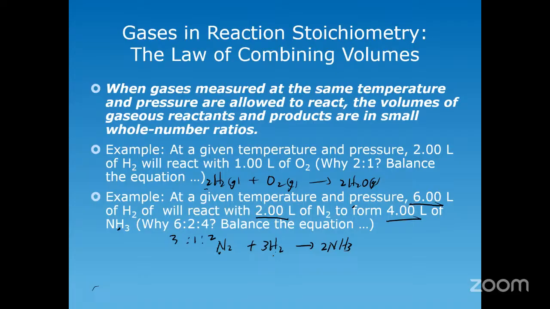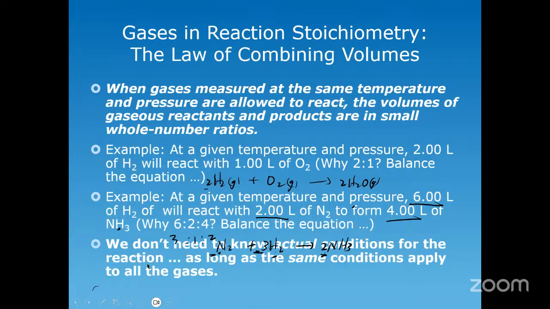And here we have the 3:1 for the nitrogen to 2 for the ammonia, right? So again, the ratio volume-wise will mirror the ratio mole-wise, all right? But again, the restriction is that the temperature and pressure of all the gases involved must be the same, right?